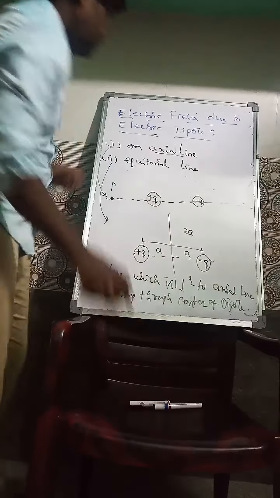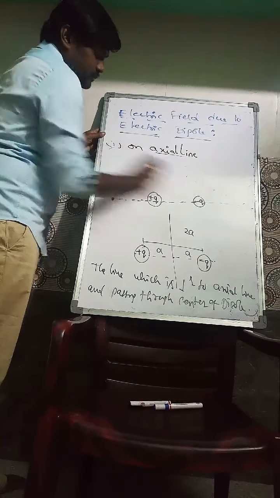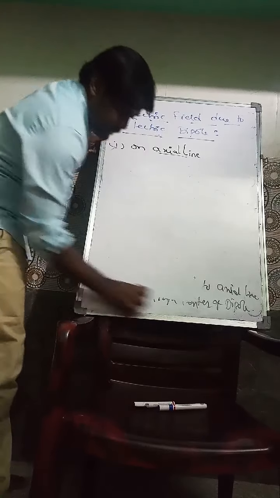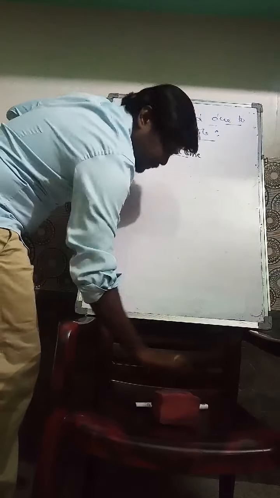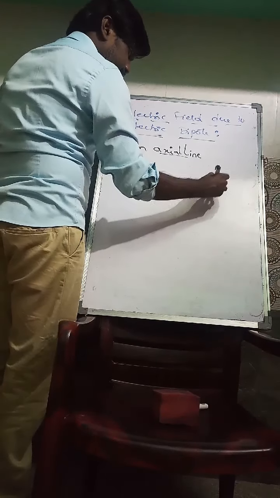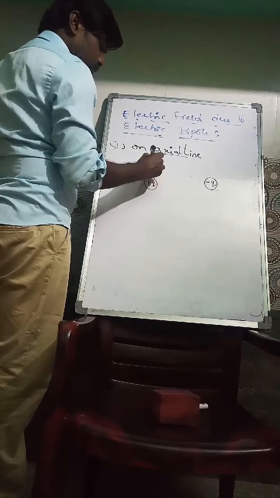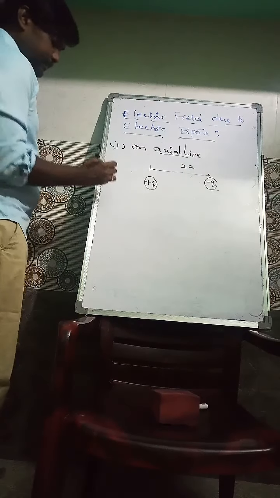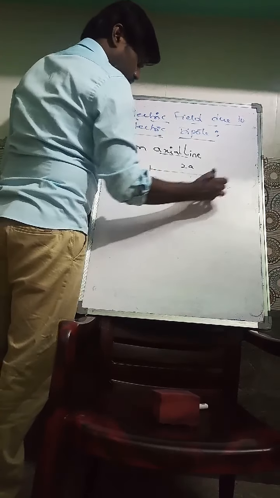Now we are going to find the electric field on the axial line. To avoid confusion, I am taking the same figure and sign conventions from the NCERT book. This is minus q, and this is plus q, and this length is 2a, and this is the axial line.